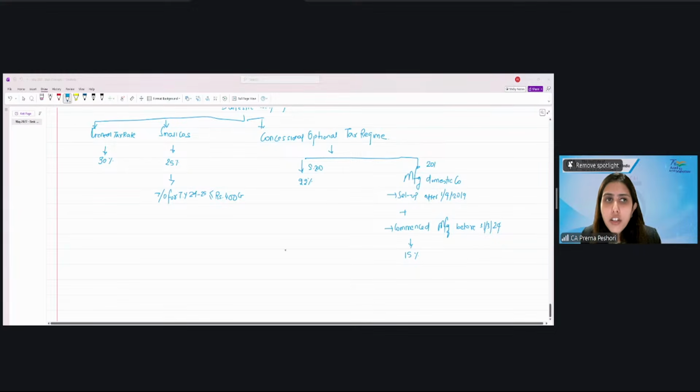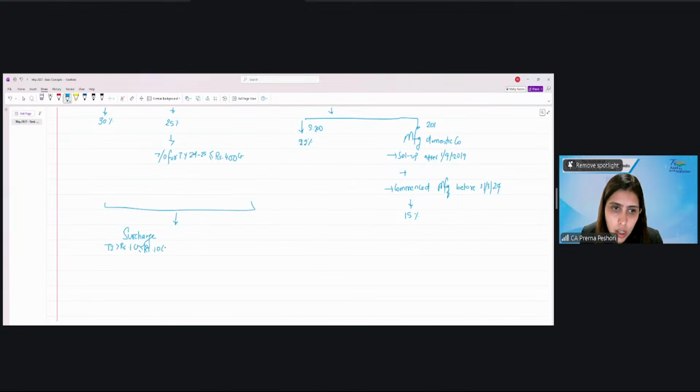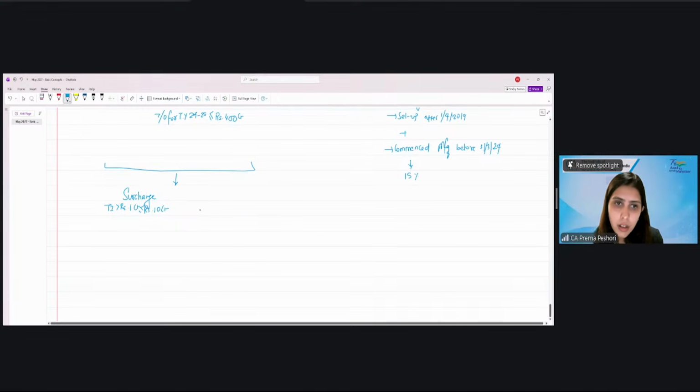Then what is the rate of surcharge for the normal company? If my total income is greater than 1 crore and less than 10 crore, it will be 7%. And if it is more than 10 crore, it will be 12%, just like the cooperative society.